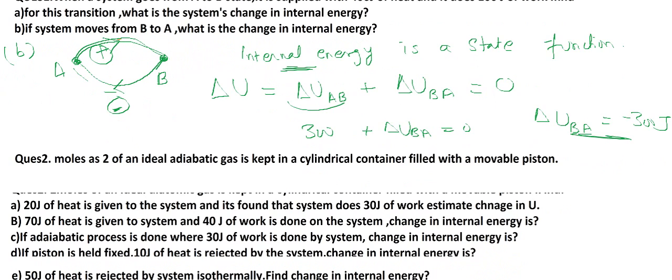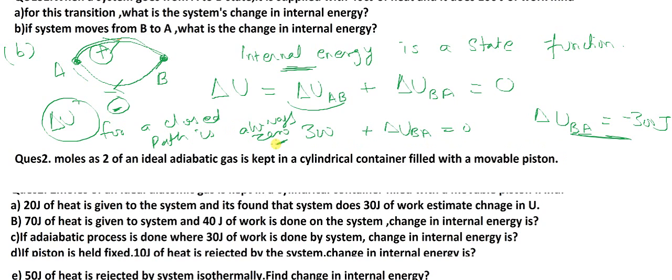And if you are not able to understand, then the best thing is delta U for a closed path is always 0. This is the note that you need to make here. By using this note we can get this formula here and get this value.